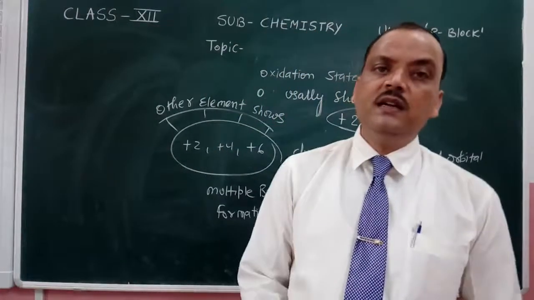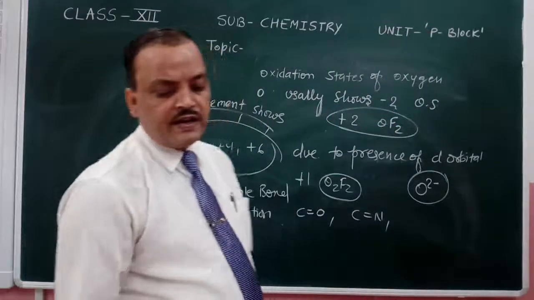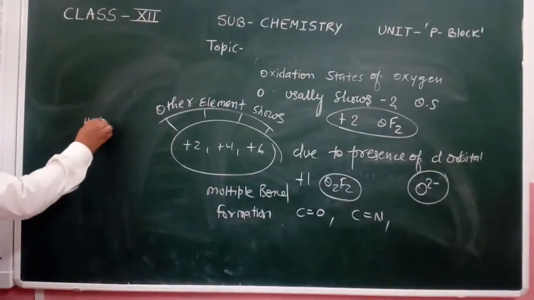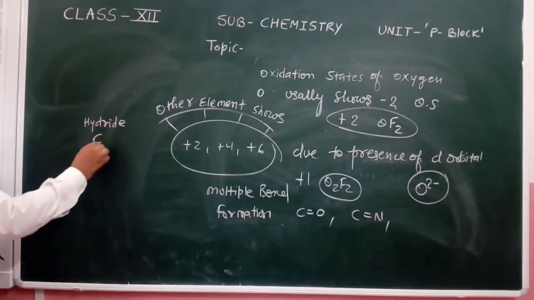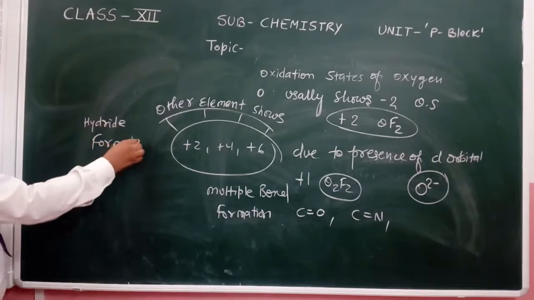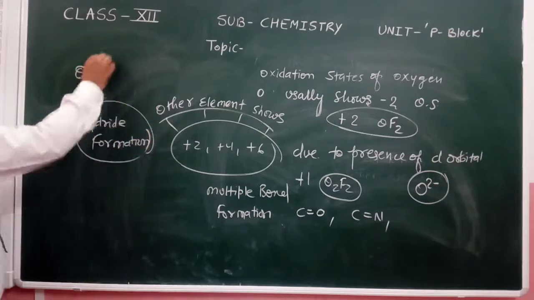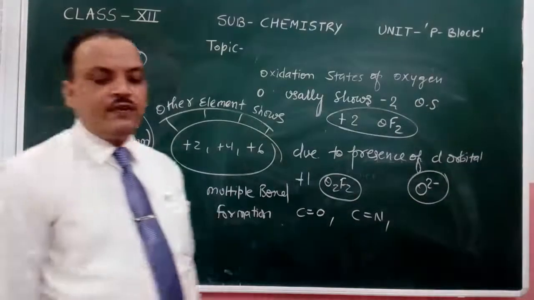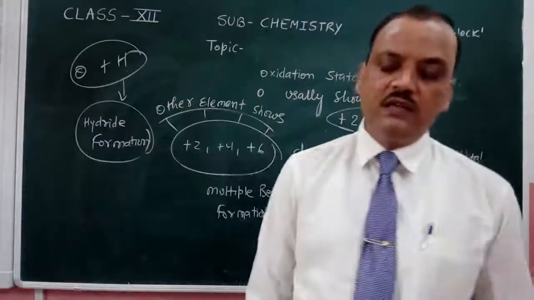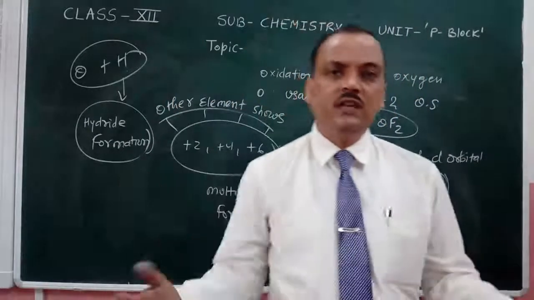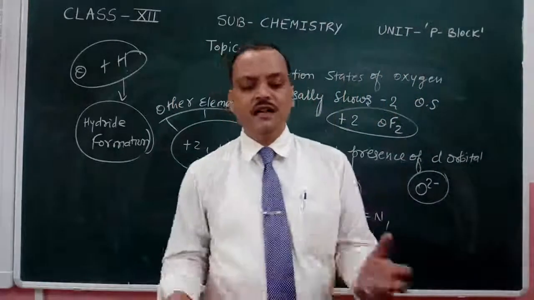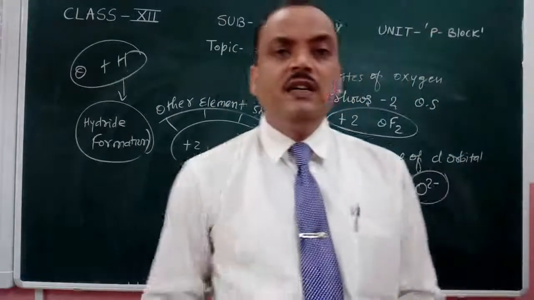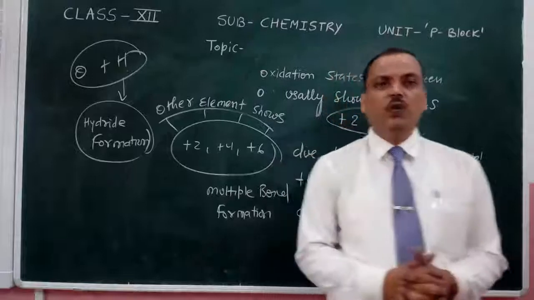When oxygen reacts with hydrogen, we get the hydride. So hydride formation tendency is a character of oxygen. These are the general points related to atomic oxygen. We have the details of dioxygen, that is O2.